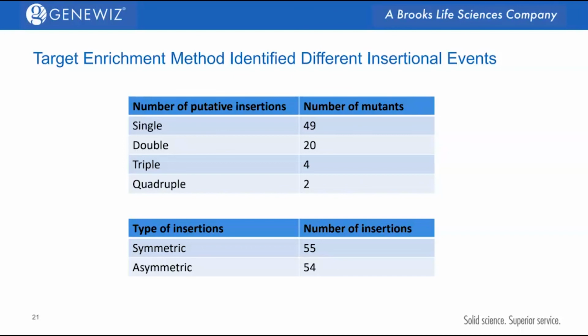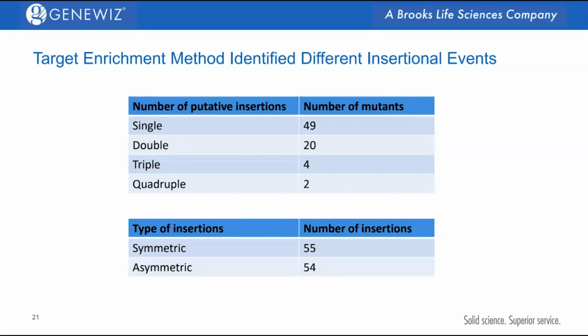So using the target enrichment sequencing method, in the collection of these 80 interesting mutants, I was able to see that some of the mutants had single insertional events, some of the mutants had double insertional events. I was even able to identify triple and quadruple insertional events happening in my genome.